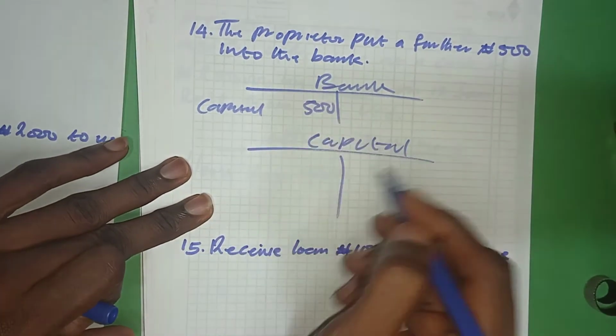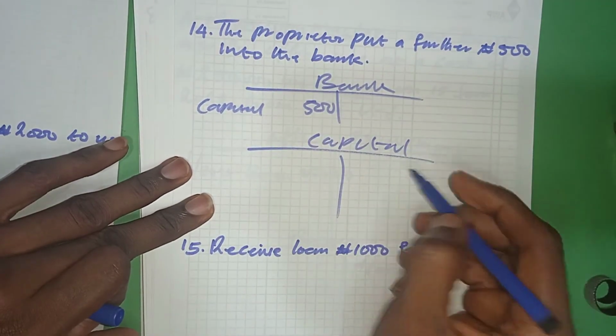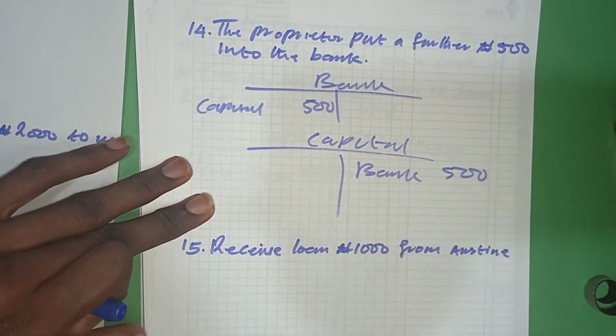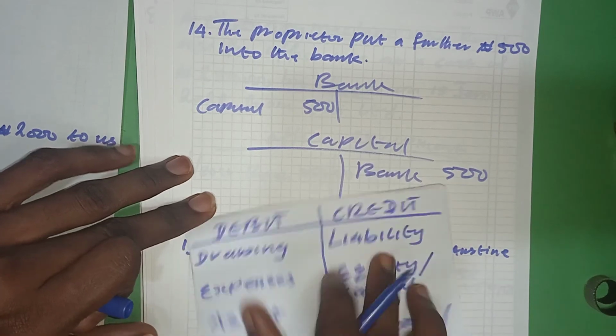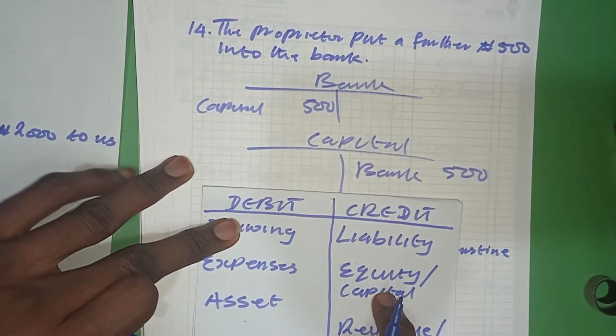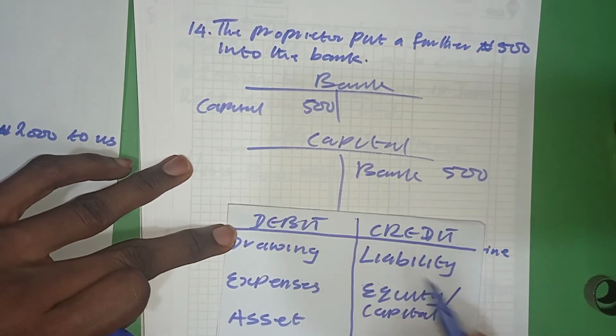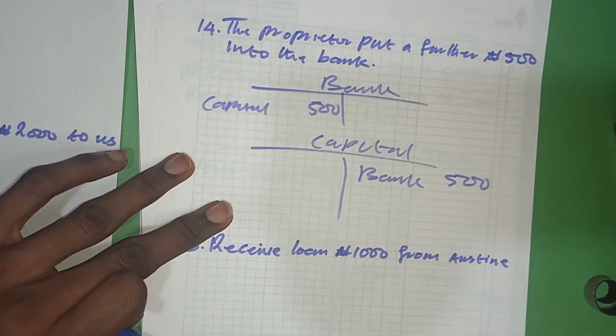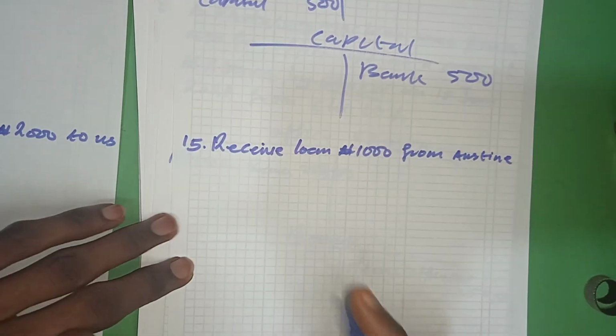Then you credit your capital by 500 naira. Watch here. Your capital is a credit balance, and your cash is an asset, a debit balance. So that is that.